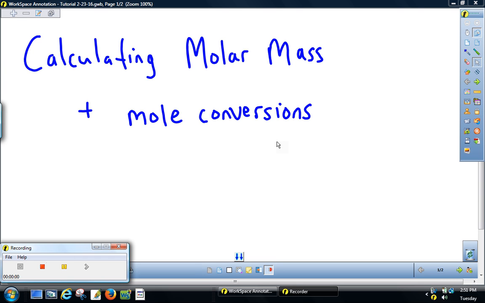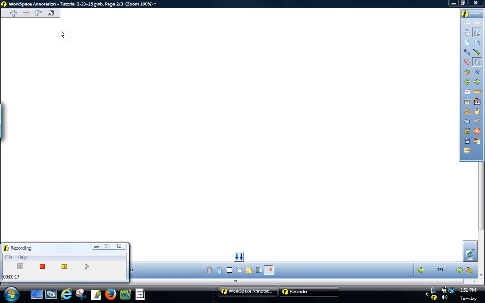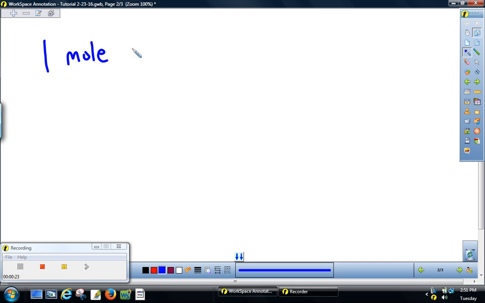So first thing, the concept of the mole, I know we talked about in class. 1 mole of something, chemists tend to leave the E off to say MOL, so 1 mole of something is equal to 6.02 times 10 to the 23rd of that object.